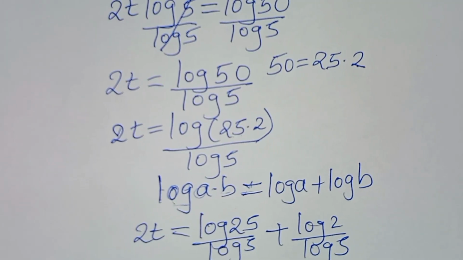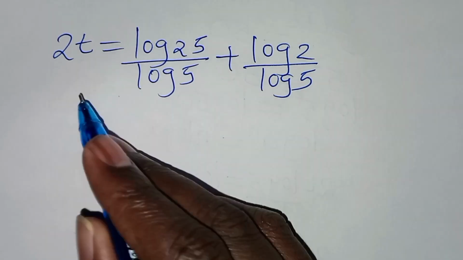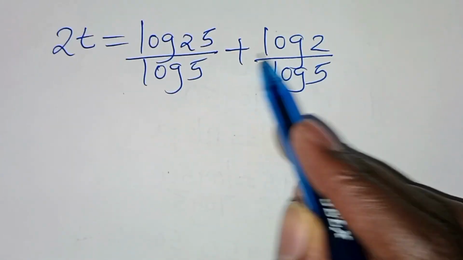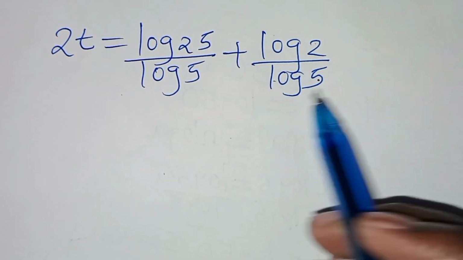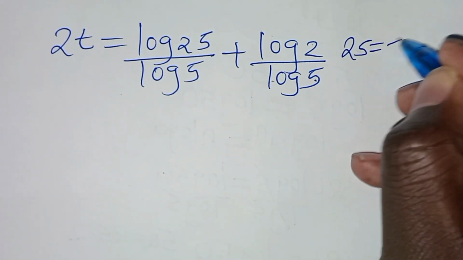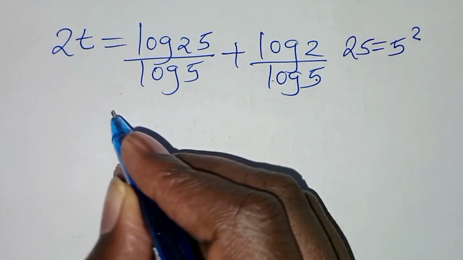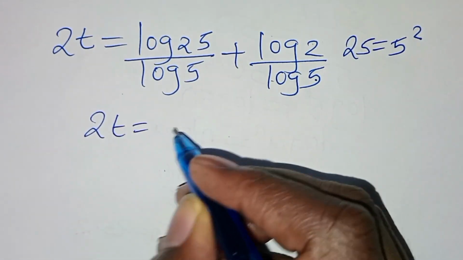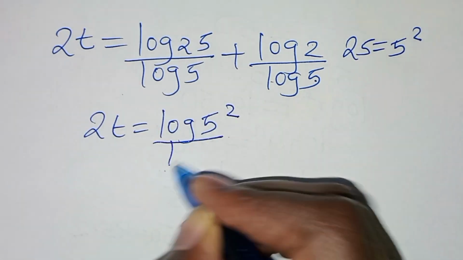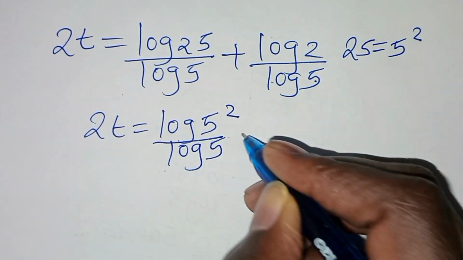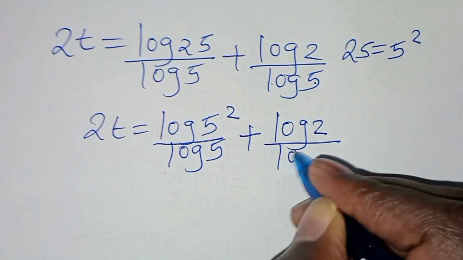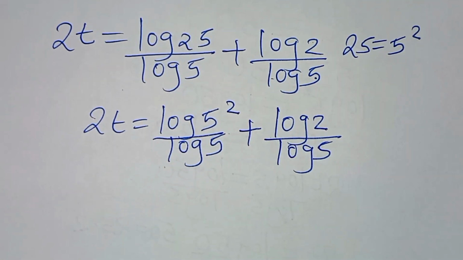So let's proceed. We have 2t equal to log 25 divided by log 5 plus log 2 divided by log 5. Now from what you have here, we can express 25 as 5 to power 2. So we'll have 2t equal to log 5 to power 2 divided by log 5, plus log 2 divided by log 5.